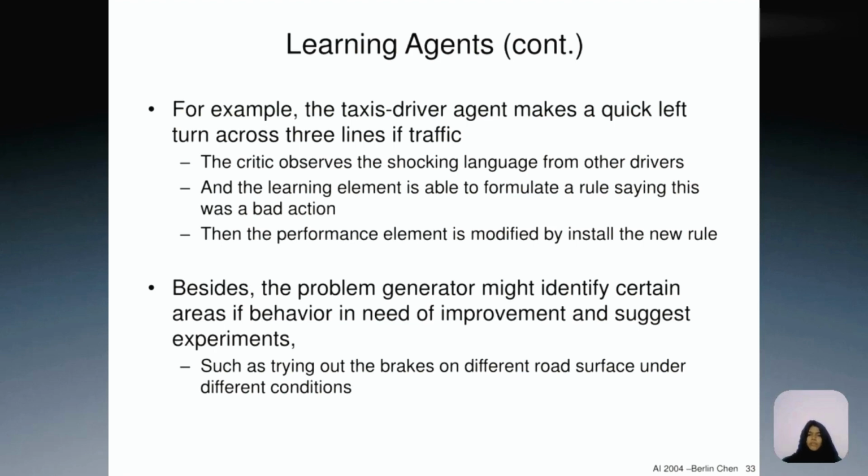Then the performance element is modified by installing the new rule. Besides, the problem generator might identify certain areas of behavior in need of improvement and suggest experiments, such as trying out the brakes on different road surfaces under different conditions.